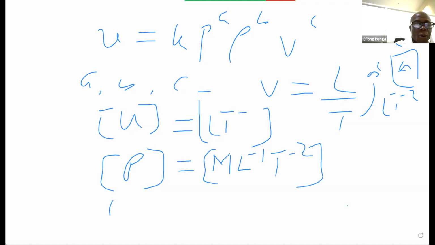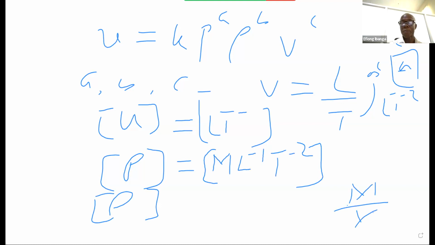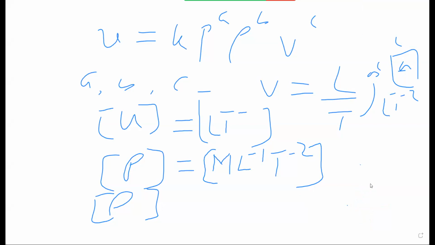We have density, rho. Density you already know is going to be mass over the volume. Is that correct? Mass over volume. Yes. So mass is M already. The dimension of volume is going to be L cubed, that's length times breadth times height.